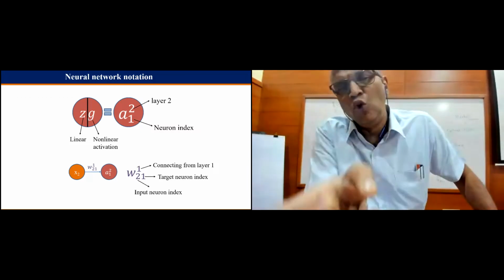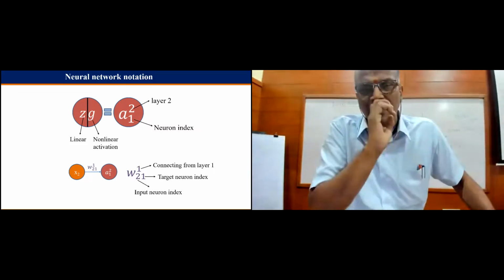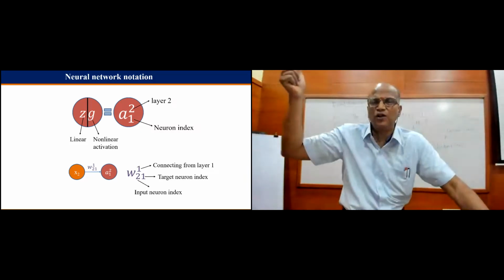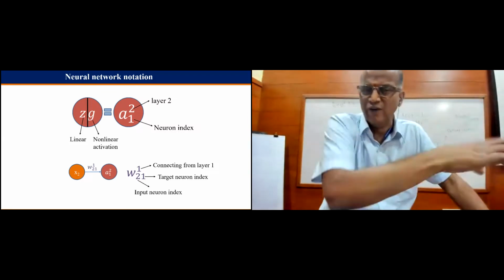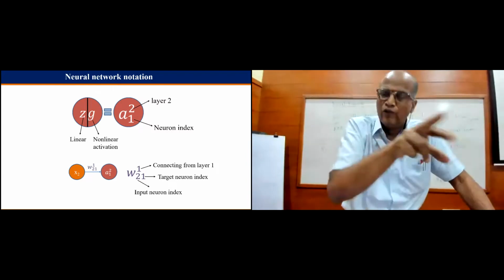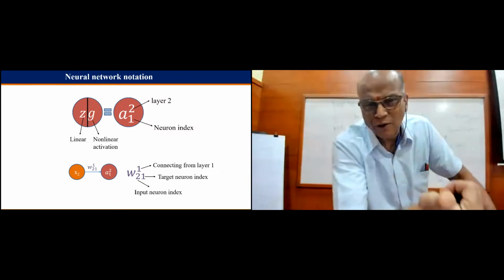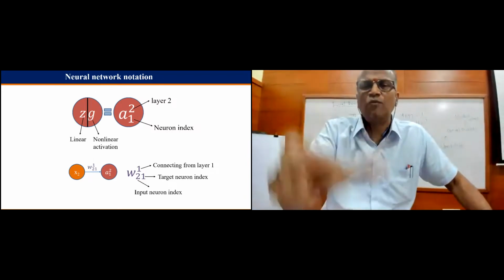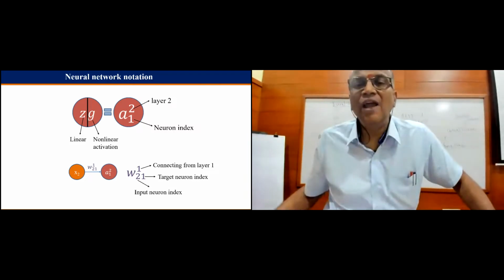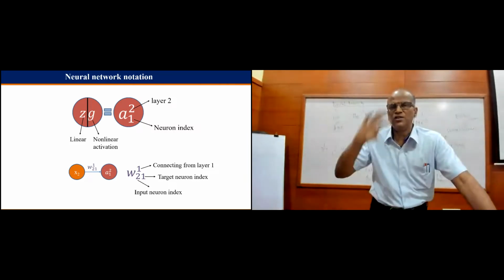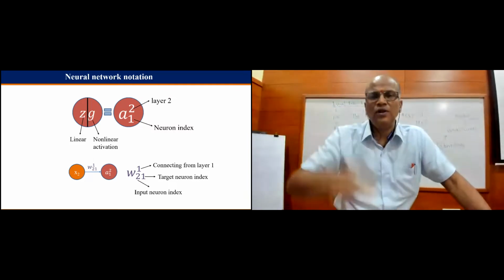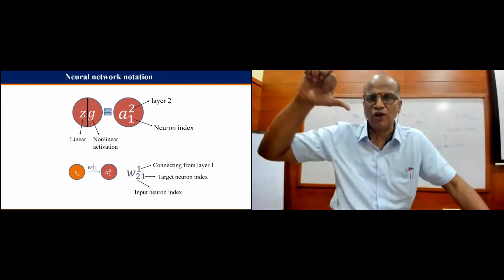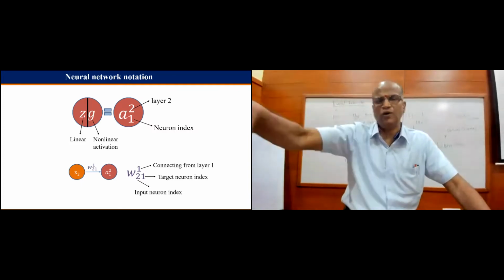From Z you go to G; G is operating on Z. Z will be a linear combination of all the weights and the X values, if it is the first layer. So you first calculate the value of Z, G operates on Z, and from that you get the value of the neuron. So A12, A subscript 1, superscript 2, means what? Superscript 2 means layer 2. Subscript 1 means the neuron index. So this is the nomenclature followed.